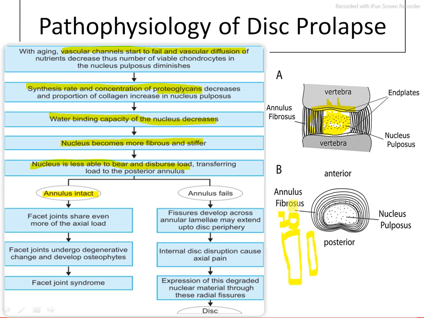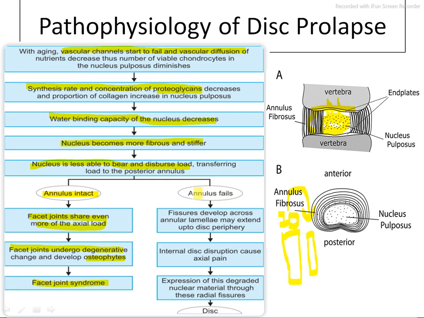The force is transmitted from the anterior segment to the posterior segment, and because of this the facet joints share even more of the axial load. Then the facet joints undergo degenerative changes and osteophytes develop, and because of that pain is seen, and as a whole this is known as facet joint syndrome.